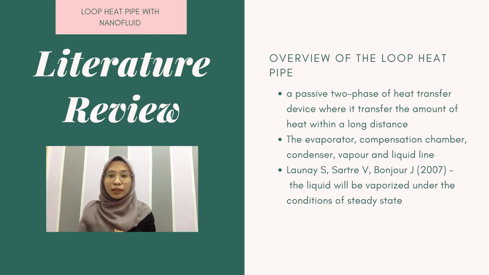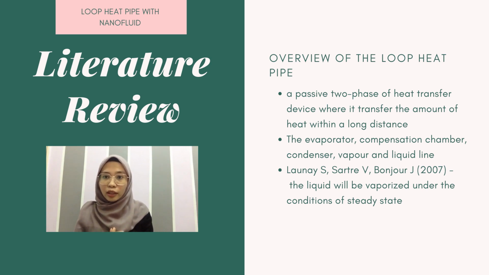So let's move to the first literature review, which is the overview of the loop heat pipe. The loop heat pipe is a passive two-phase heat transfer device where it transfers the amount of heat within a long distance that relies on condensation and evaporation of the working fluid that we use.